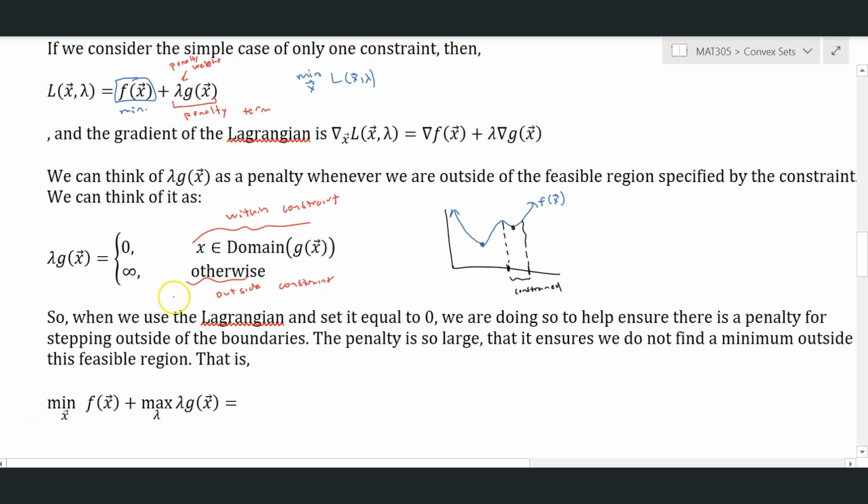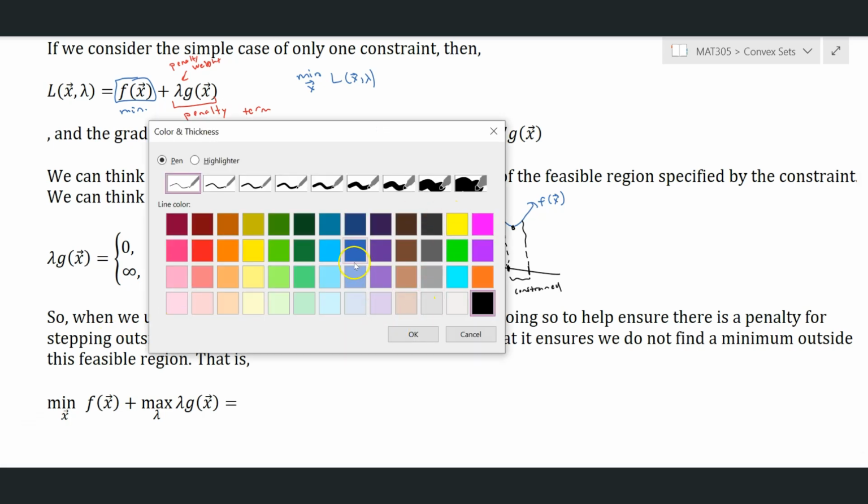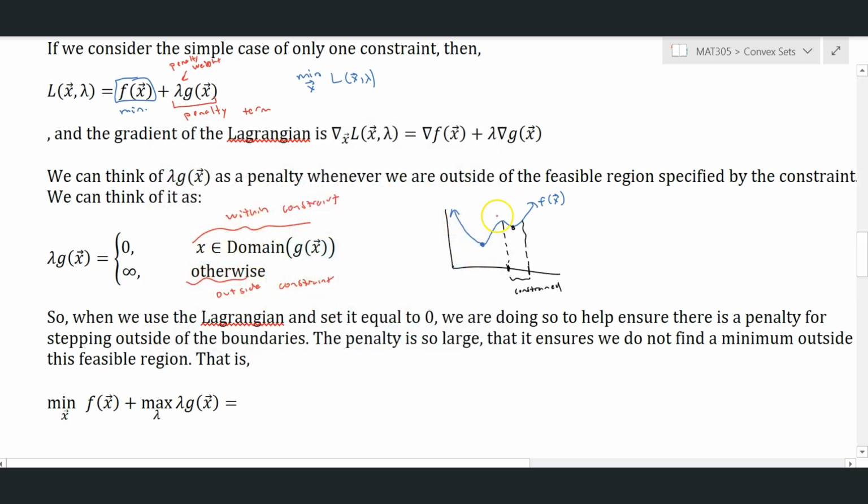So by imposing the plus lambda g of x, we're going to say that if you're within the constraint, within that boundary, then you are dealing with this function right here. But if you're outside of that constraint area, then we're going to make that objective function essentially equal to infinity, right?